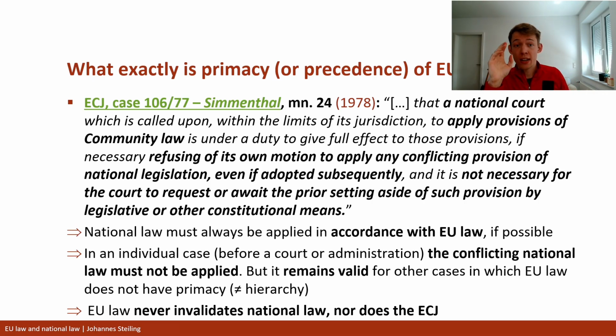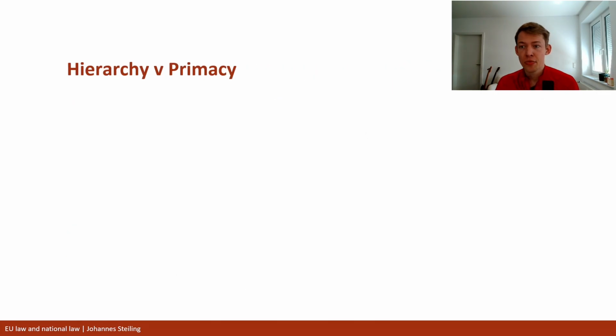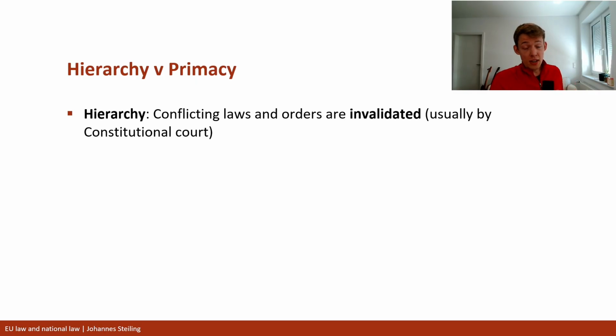So I want to summarize this basically in one slide, what hierarchy is and what primacy is, because I think this is quite important to understand, because it's like the founding principle, I would say, of EU law. So hierarchy means, as we've seen with the pyramid and with the constitutional courts in the national legal orders, that conflicting laws and government orders or something are invalidated.